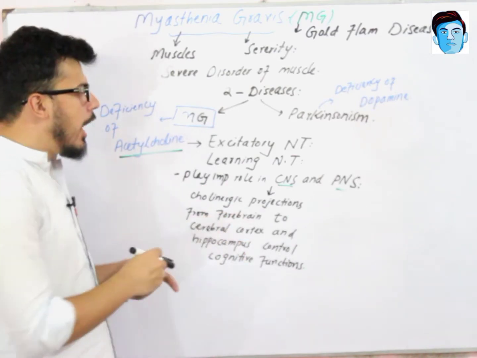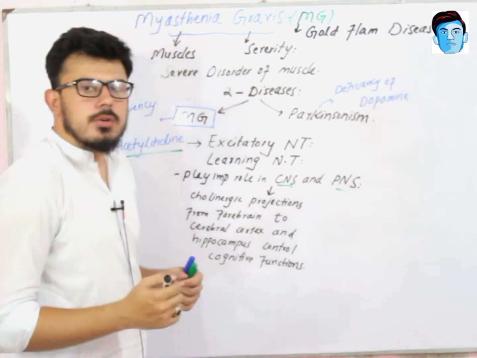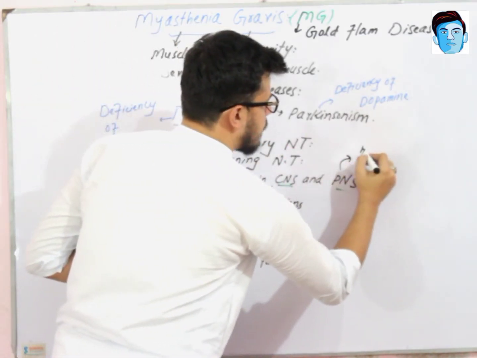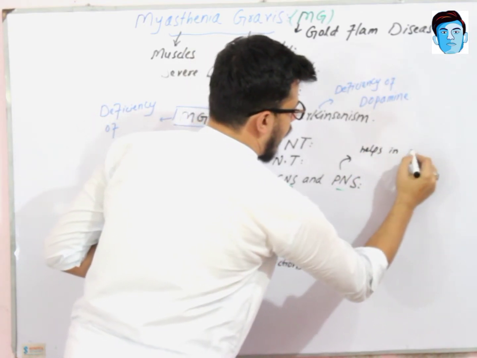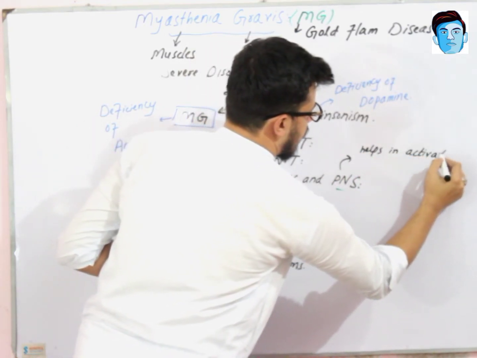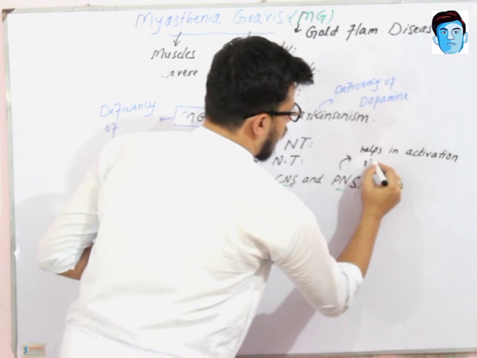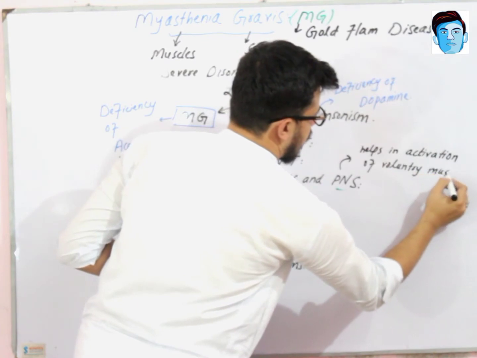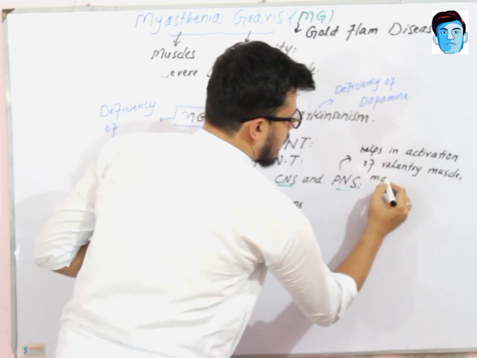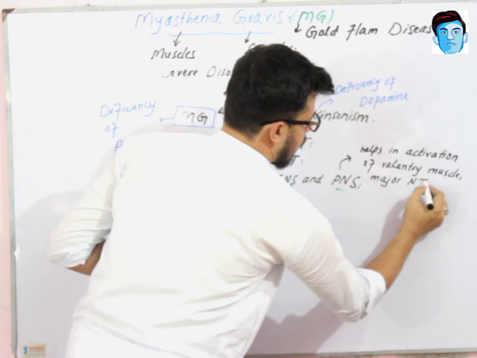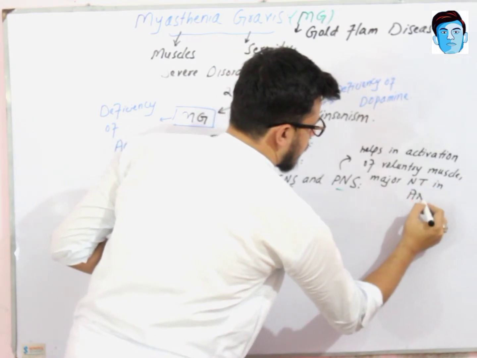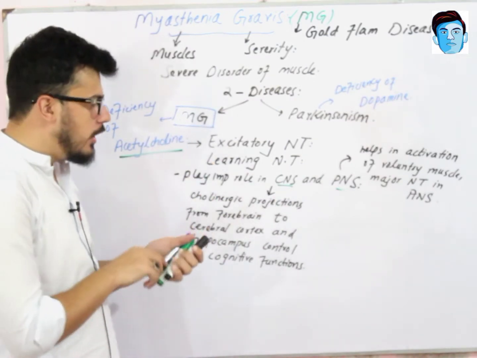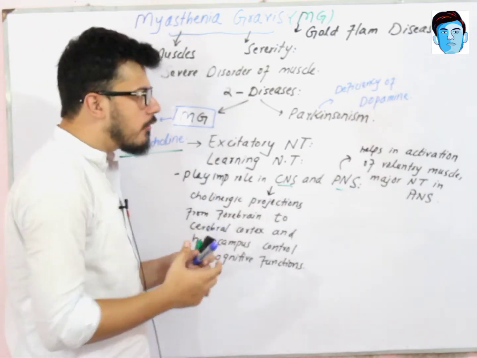But if we see in the peripheral nervous system, it helps in the activation of voluntary muscles.